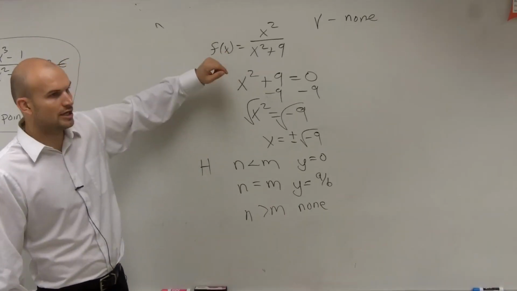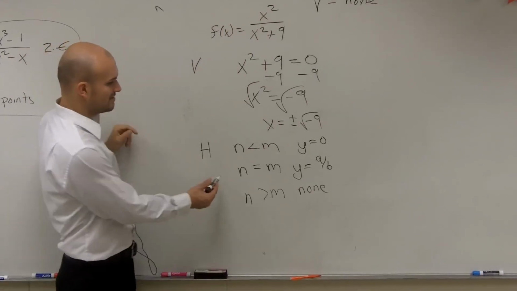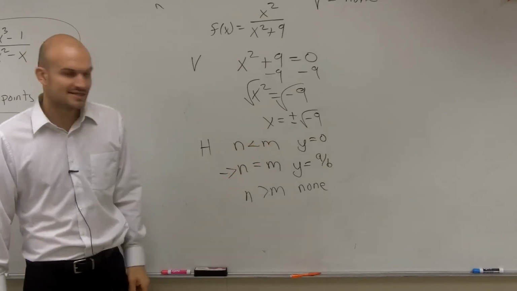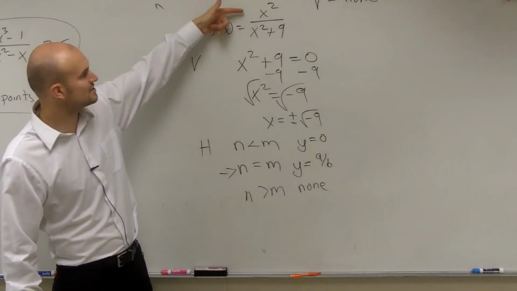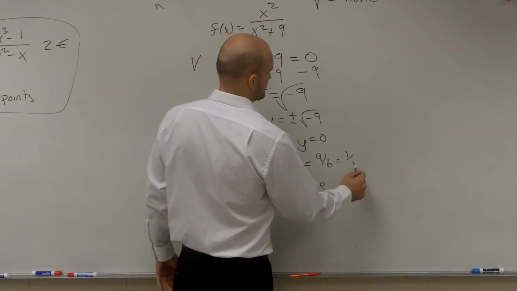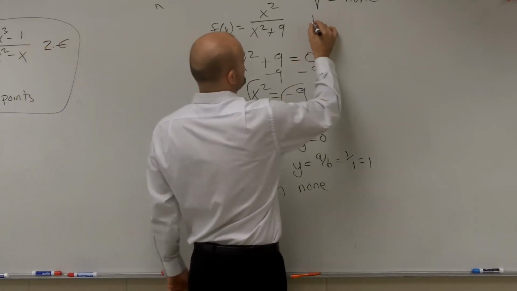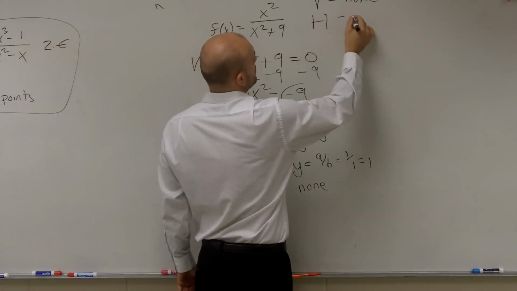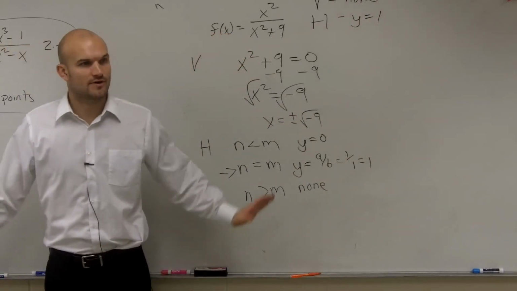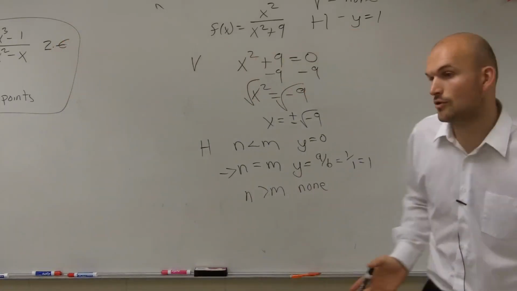Here, the degrees for both polynomials are 2, so we take the leading coefficients of 1 and 1 and divide them. So my horizontal asymptote is y equals 1. Follow me so far? We good? That's how to find the vertical and the horizontal asymptotes.